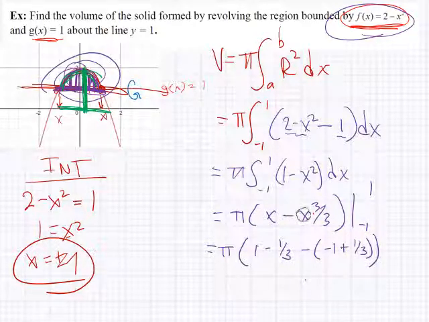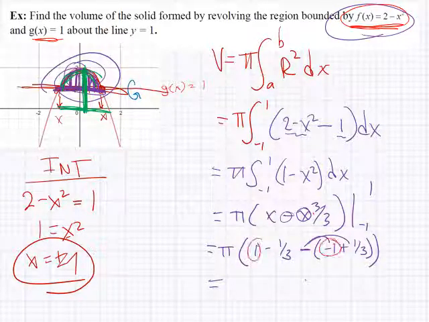Again, you plug a negative into here. Cube is negative, and this negative would actually make it a plus. Don't forget the whole thing's still being subtracted anyway. So we distribute that negative in here, and what do we end up with? We end up with 1, and 1 is 2, minus 1/3, and minus 1/3 is minus 2/3.